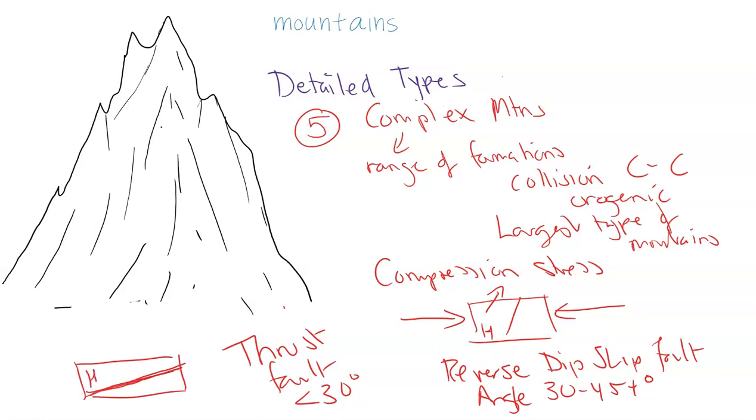So this hanging wall right here can thrust up at a faster speed due to the less gravity it has to go against and the gentle slope. So it can thrust quicker.